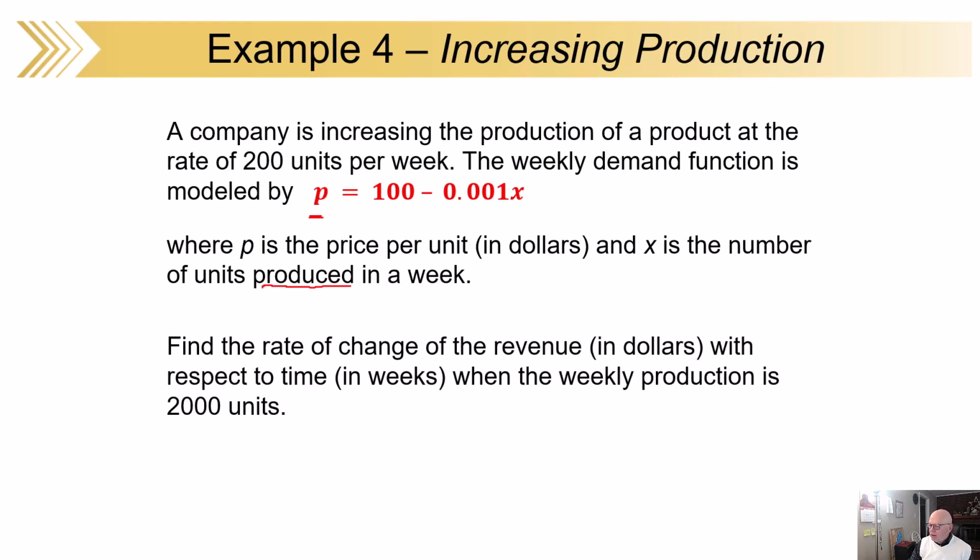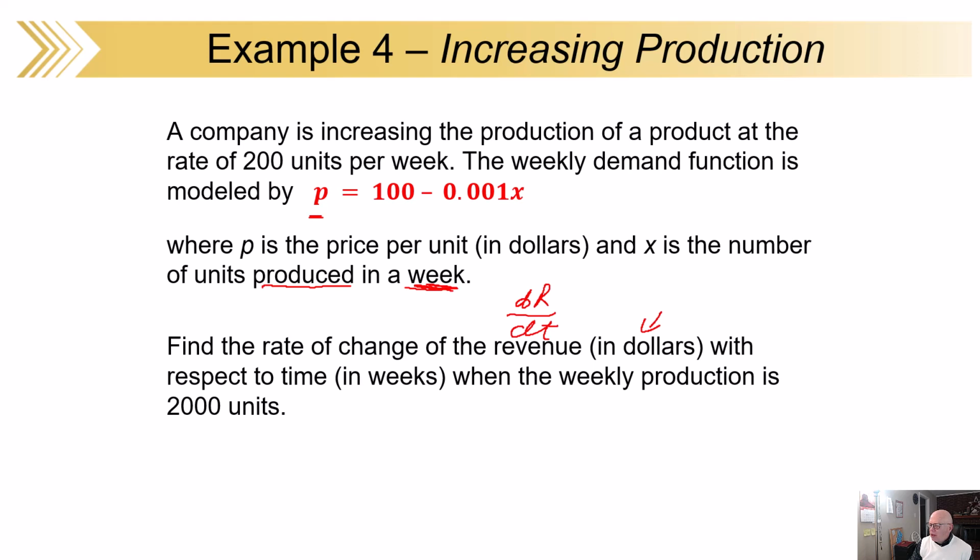We want the rate of change of the revenue. So what does that mean right away? We're talking about dR/dt. In dollars, so it'd be dollars per what? Well, up here it talks about weeks, so it'd be dollars per week.